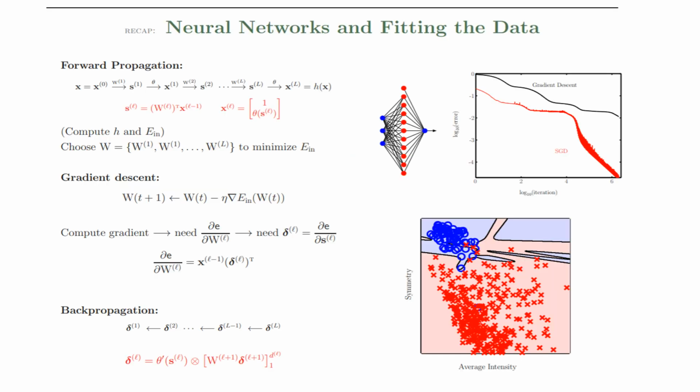Let's recap what we did in the previous lecture. We did quite a lot, I would say. So we saw how to fit data using neural networks at a basic level. We began with some given set of weights, chose weights to minimize E_in, and then got our h(x), the desired output.